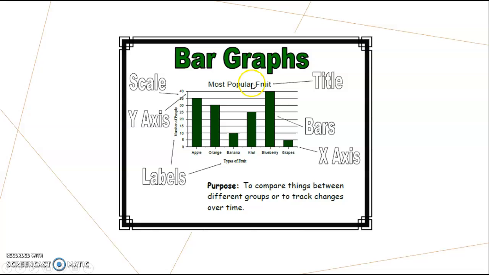It's telling you where the title goes, the scale, that here on the side is your y-axis, and at the bottom is your x-axis. And here they're using bars, that is why it's called a bar graph, and the labels. The purpose of this is to compare things between different groups or to track changes over time.